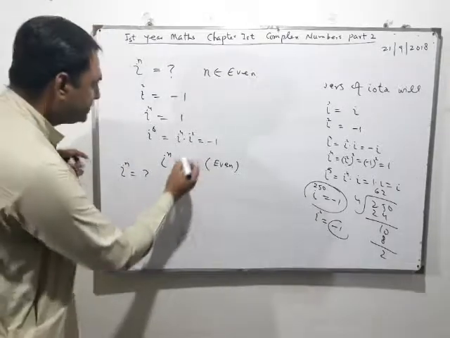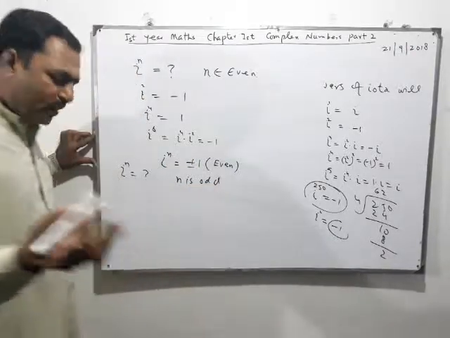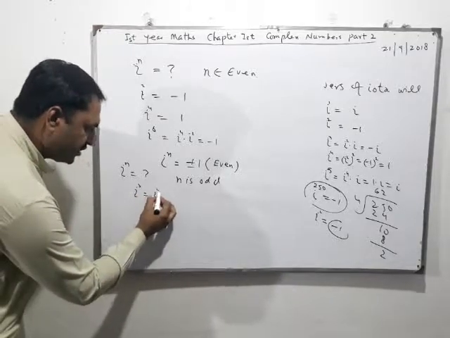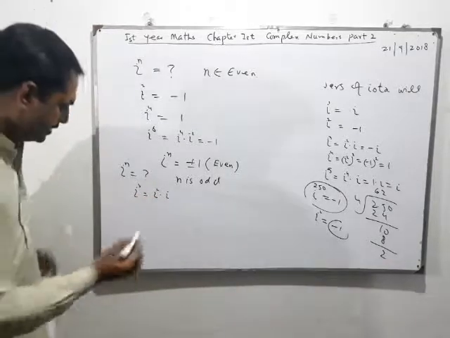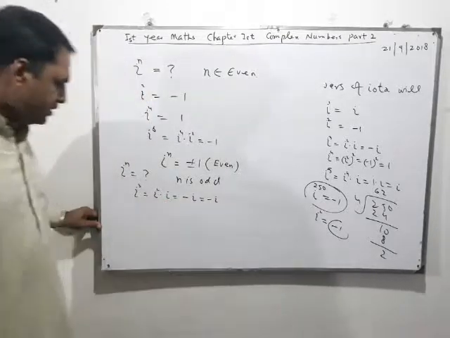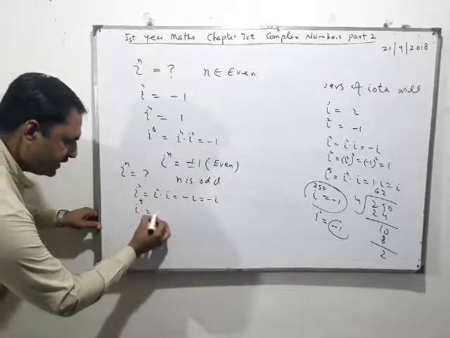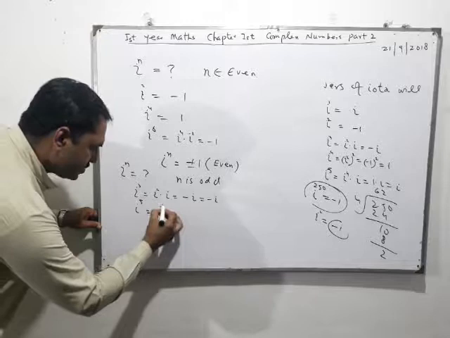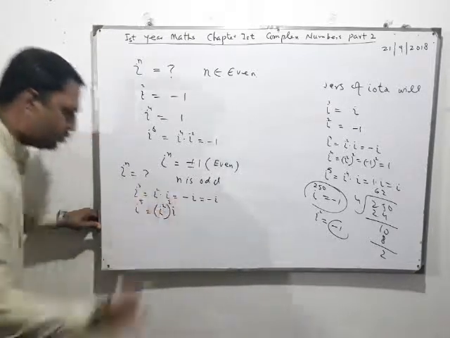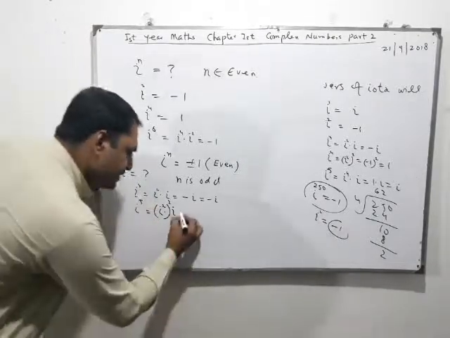Similarly, iota power n equal to what? If n is odd. Let's say, what happens when n is odd? Iota cube, you can write iota square into iota. Iota square is minus 1. So this becomes minus iota. Let's see iota 5. You can write iota square whole square into iota. So iota square is minus 1. Minus 1 square is plus 1.